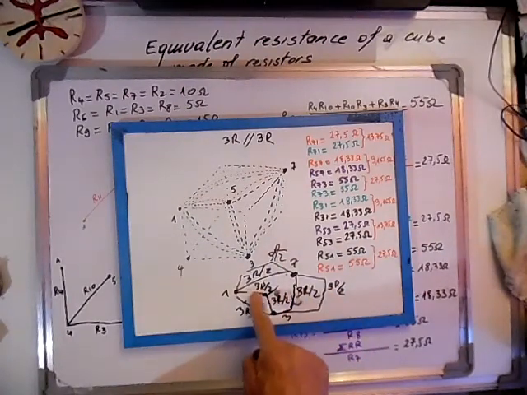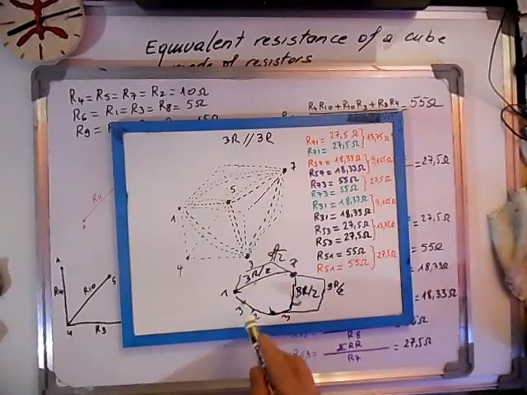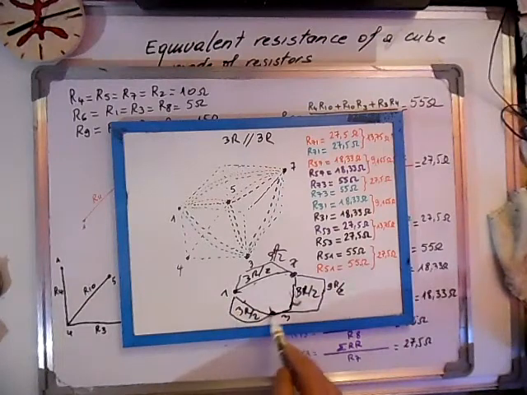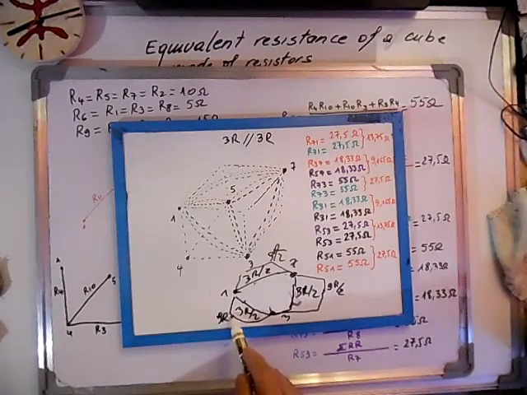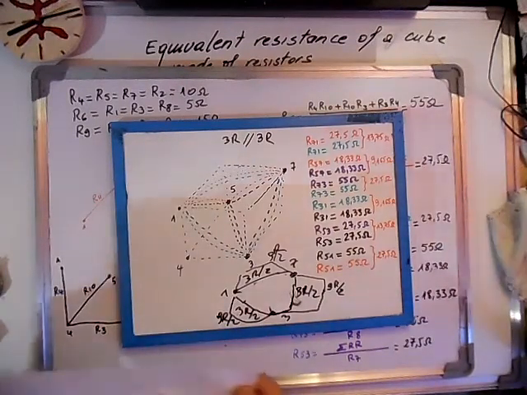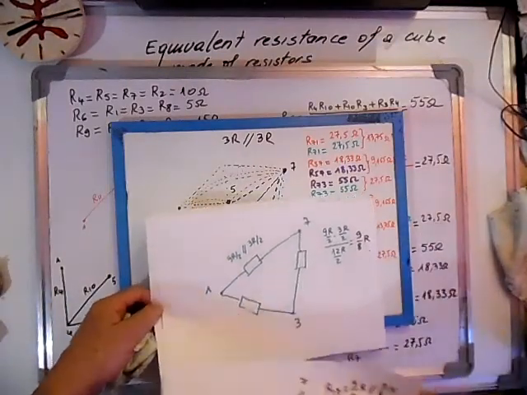This one will give 9R over 2, and the 2 in parallel, as I drew them here, that's right.